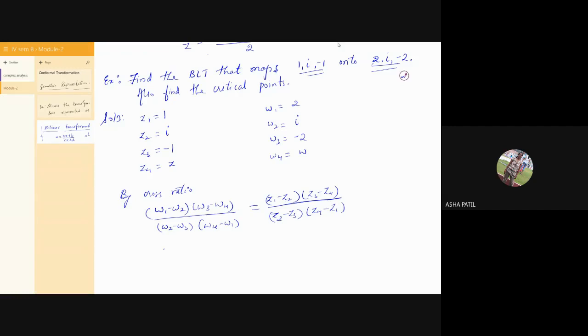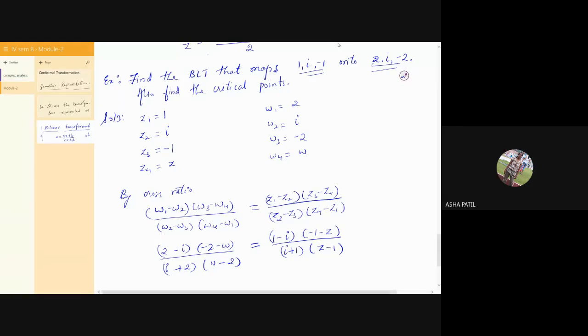Substitute the points. W1, 2 minus i, minus 2 minus W, divided by W2 minus W3, and W4 minus W1, that is W minus 2. The Z terms: Z1 minus Z2, Z3 minus Z4, Z2 minus Z3, minus of minus becomes plus, then Z4 minus Z1.